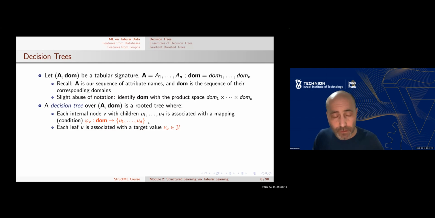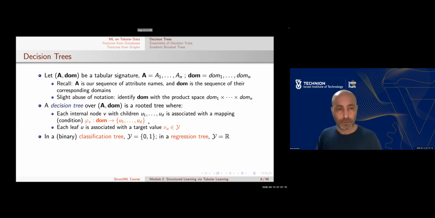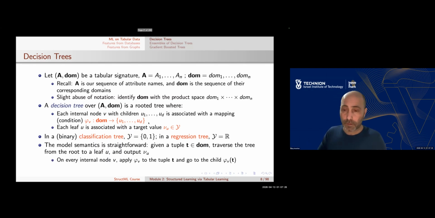Then every leaf U is associated with a target value, our decision. In a classification tree, this decision comes from a binary domain, 0, 1. In a regression tree, it's a set of real numbers. The semantics of the model, as we said, is straightforward.